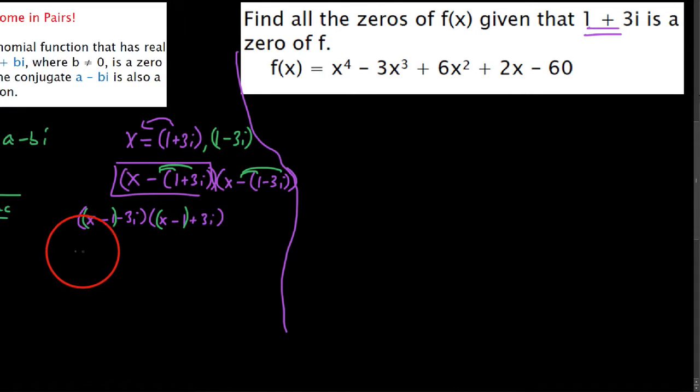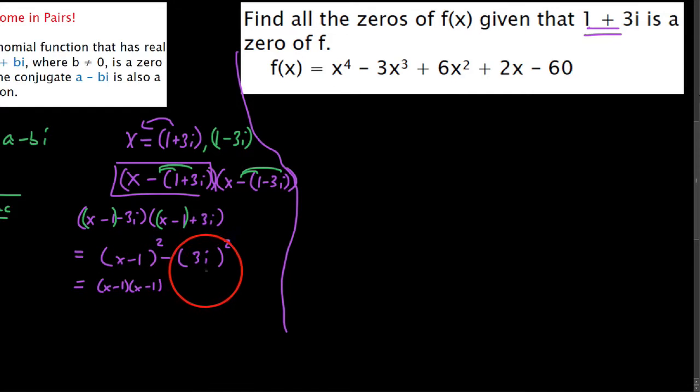So what do we know about a difference of two squares, or at least multiplying conjugates? We know that it multiplies out into a difference of squares. So we'll get x minus 1 times x minus 1, this first entry, and then we'll get 3i times 3i in the back. Now simplifying this, we need to take x minus 1 times itself, and then this negative 3i squared is going to be 9i squared when we use our power of a product property.